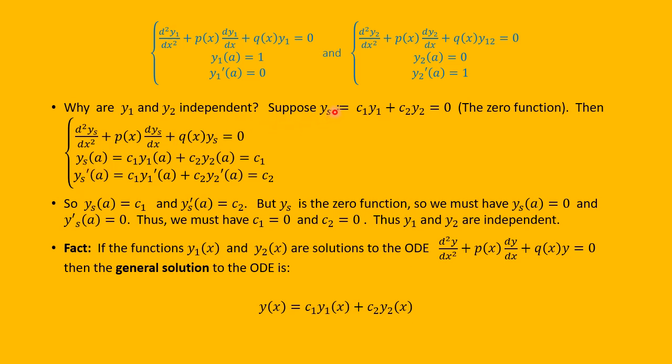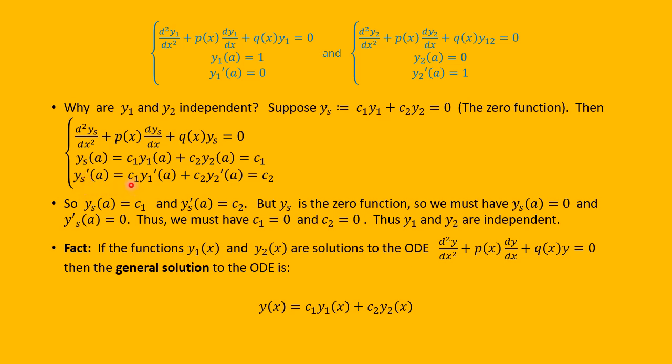According to the way we defined it, y sub s of a has to be c1 y sub 1 of a plus c2 y sub 2 of a, and in this case we know that y sub 1 of a was 1, y sub 2 of a is 0, so this is just c1 times 1 plus c2 times 0, and that is c1.